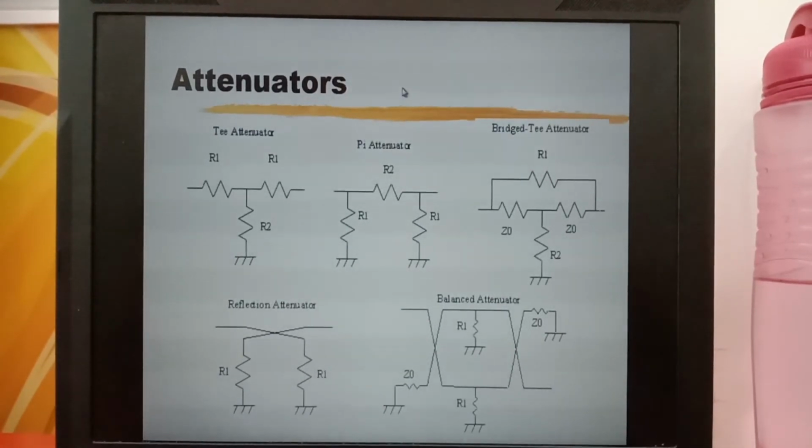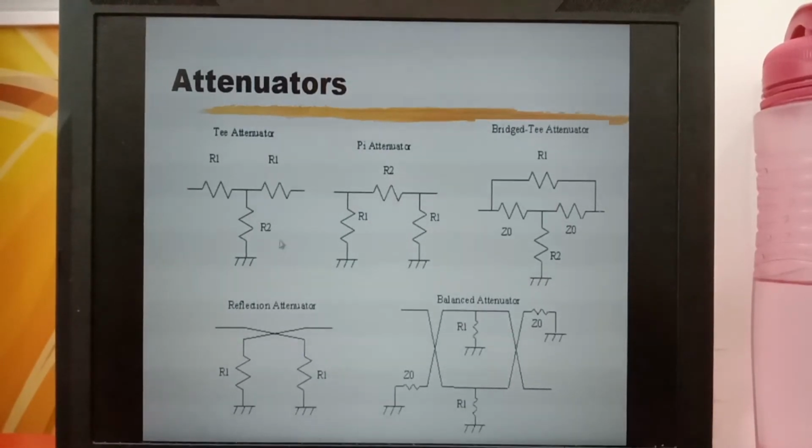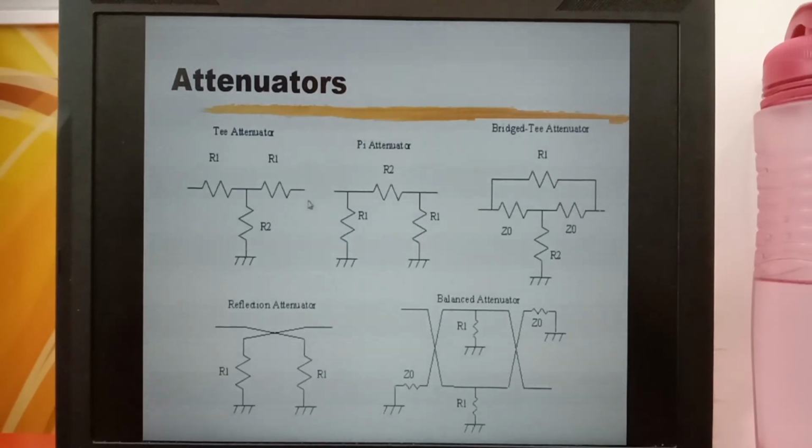Attenuators can be made using various circuits. This is a T attenuator consisting of a T network, and this is a pi network attenuator.